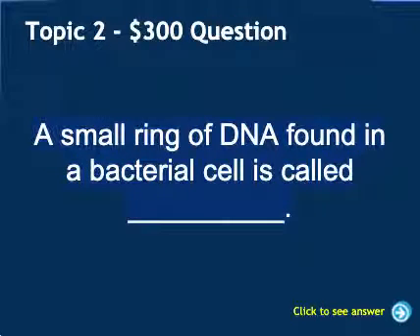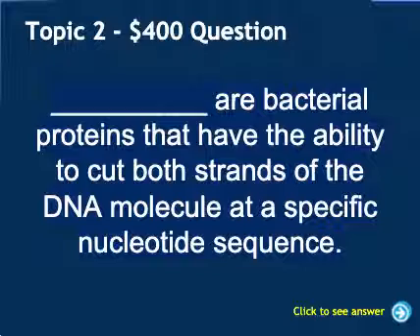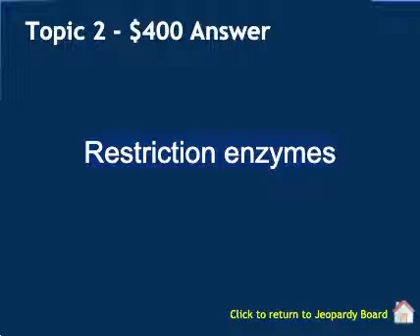A ring of DNA found in a bacterial cell is called a plasmid. And blank are bacterial proteins that have the ability to cut both strands of the DNA molecule at a specific nucleotide sequence, and that is restriction enzymes.